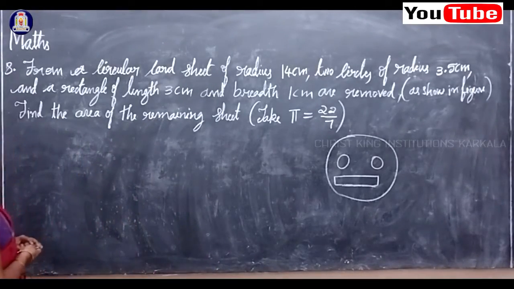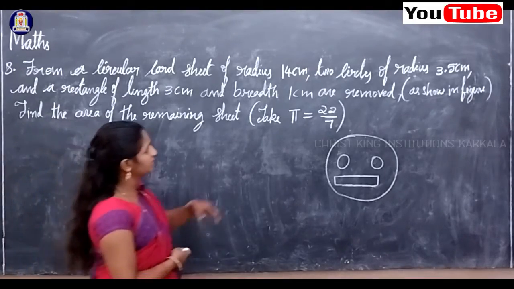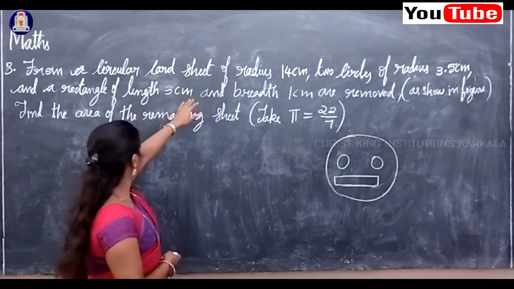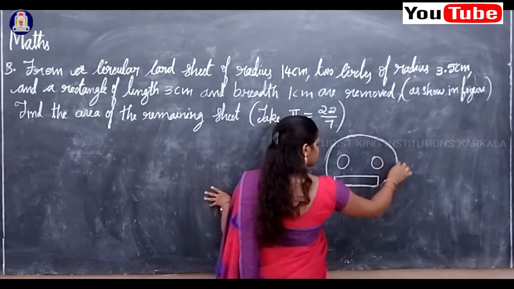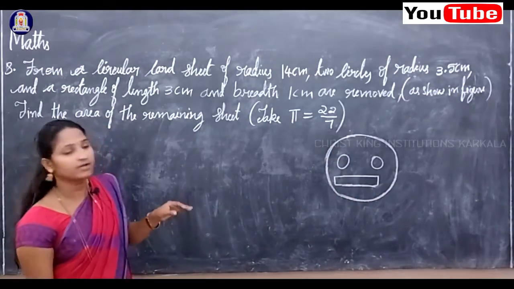See, from a circular card sheet of radius 14 centimeter. This is circle shape, circular card sheet, of radius given 14 centimeter.